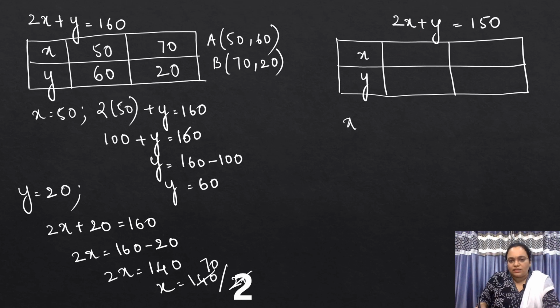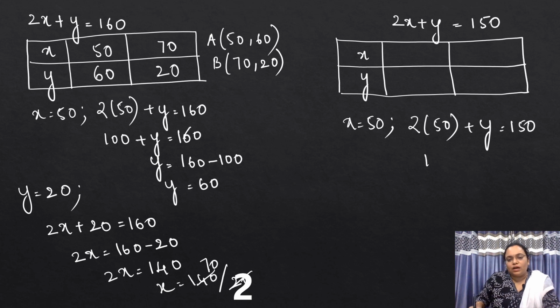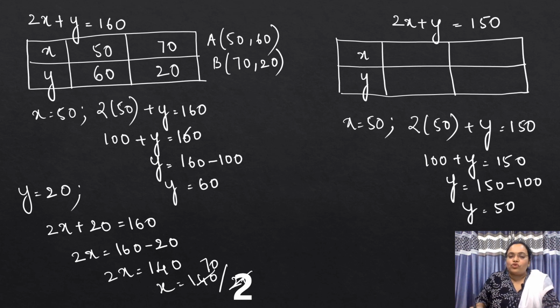If you take x equal to 50, you get 2 into 50 plus y is equal to 150. 100 plus y is equal to 150, so y is equal to 150 minus 100, which is 50. So when x is equal to 50, you get y equal to 50.